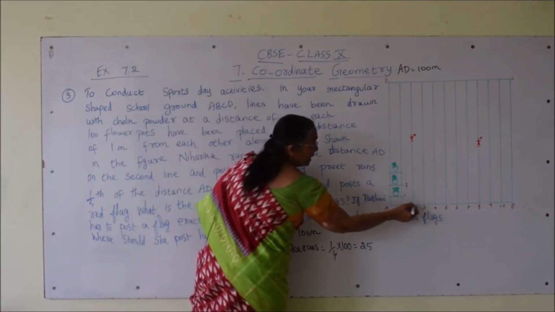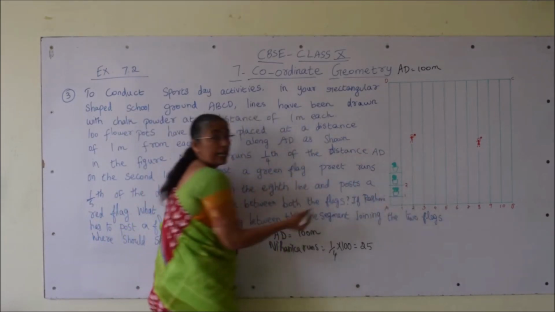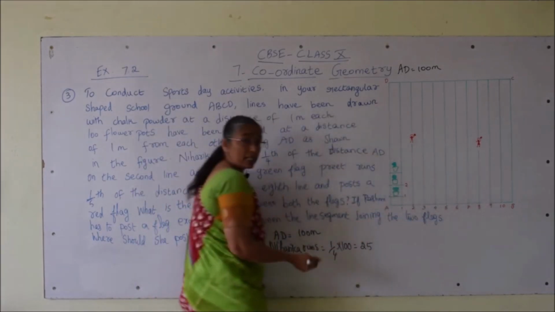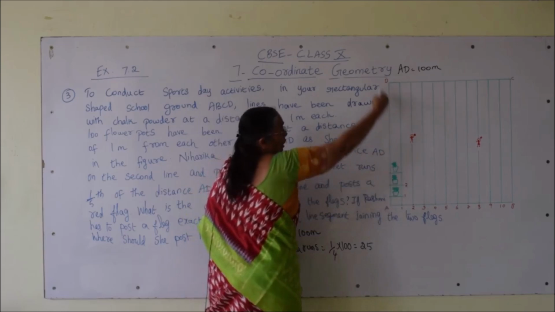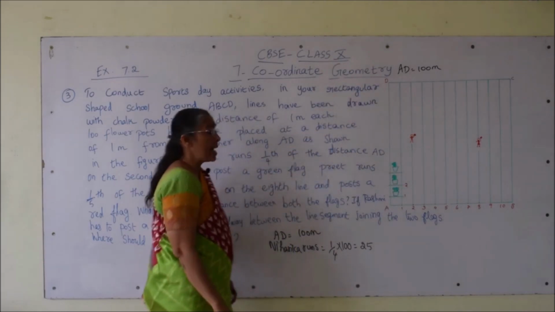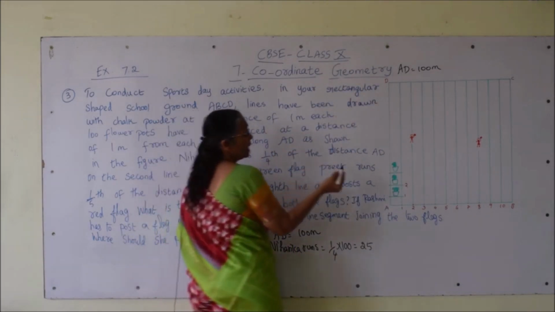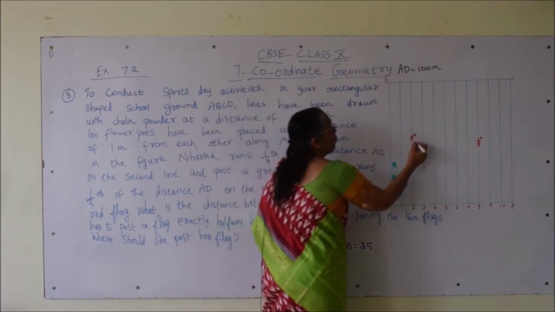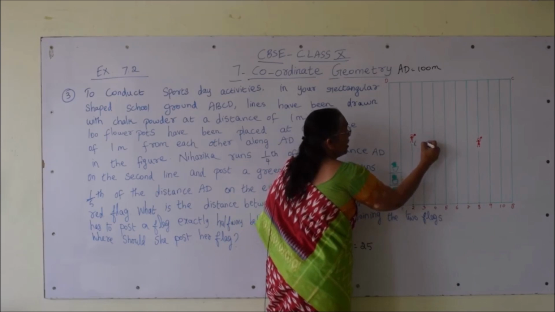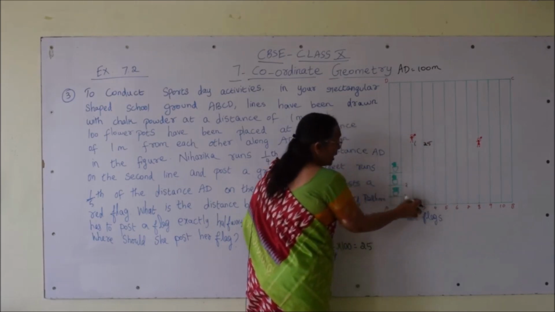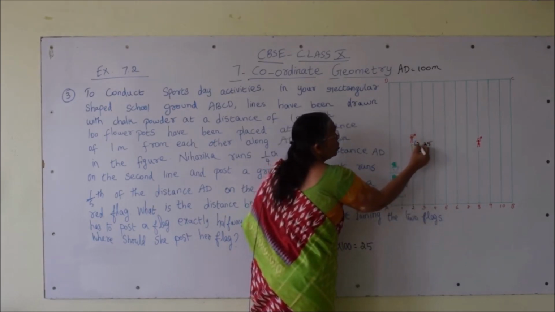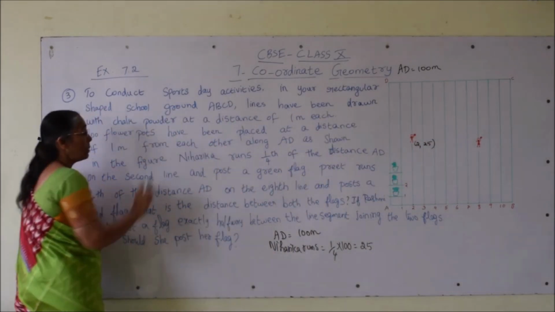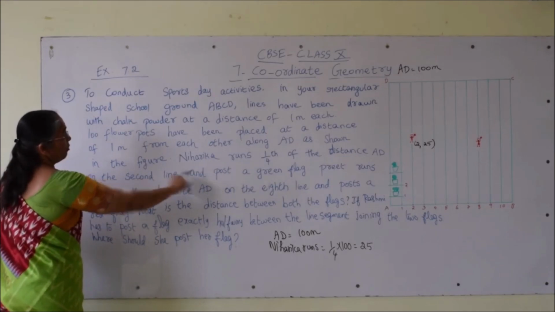The lines represent points on the x-axis and the flower pots represent points on the y-axis. So, Niharika runs 1/4 of the distance on the y-axis, meaning the y coordinate is 25, and on the second line, so the x coordinate is 2. So, (2, 25) is the point where Niharika posted her green flag.